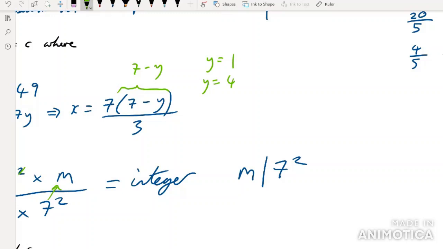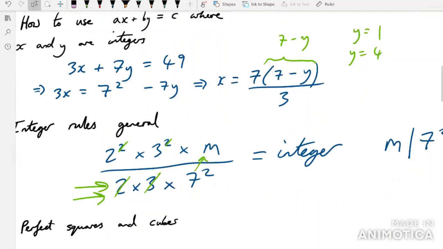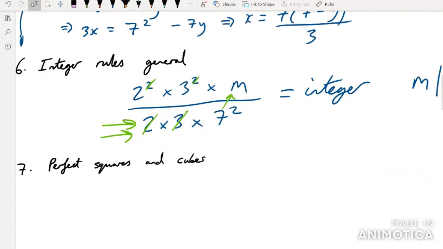And then that will tell us what x is. And we could have done this in reverse, i.e. rearrange for y. It's just helpful to know what you're aiming to do, and that's the way to solve integer problems.